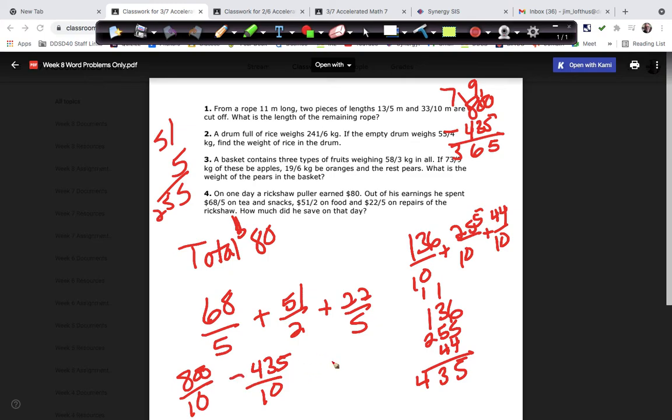So it's 365 tenths. So if we divide that by 10, we get 36.5. So $36.5 left over.